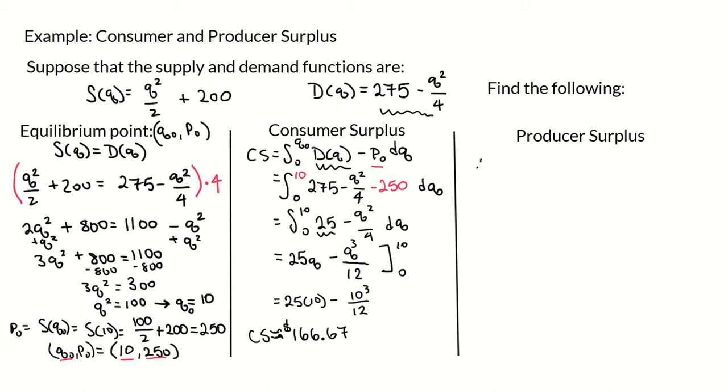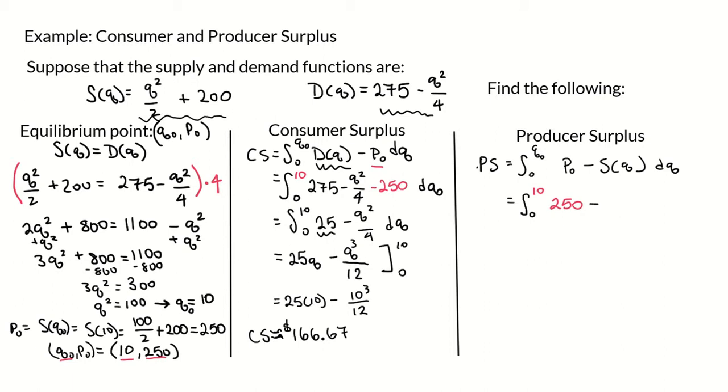Okay, now the producer surplus. Recall from the overview video that this is the integral from 0 to Q naught of P naught minus the supply function S of Q dq. So then plugging in our known values, Q naught is 10, P naught is 250, and then we plug in S of Q for our supply function.